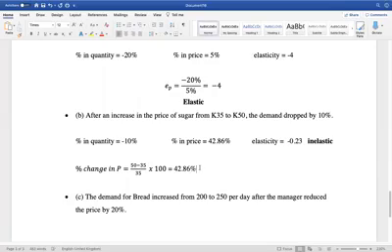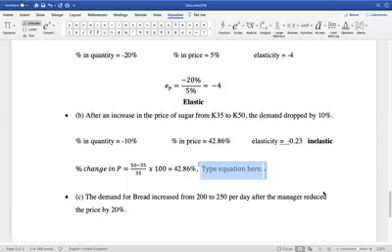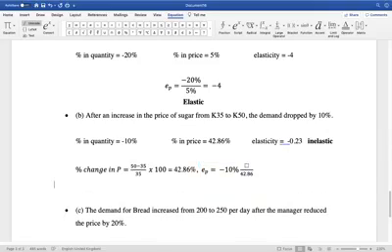For those who have not followed the computations, let me give you the computation here. Elasticity, which is EP, equals the percentage change in the quantity, which is -10%, divided by the percentage change in the price, which is 42.86%.